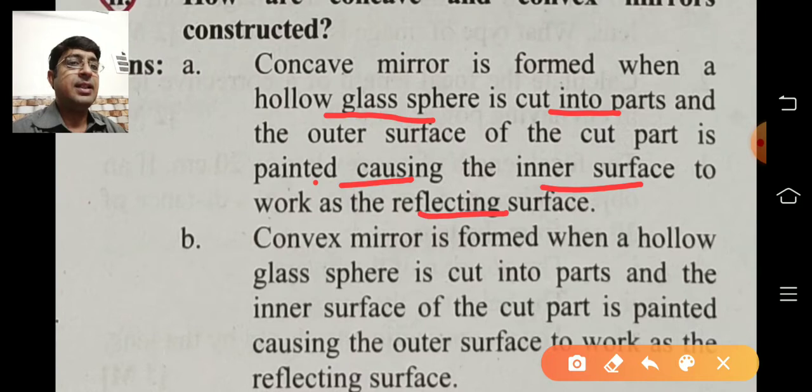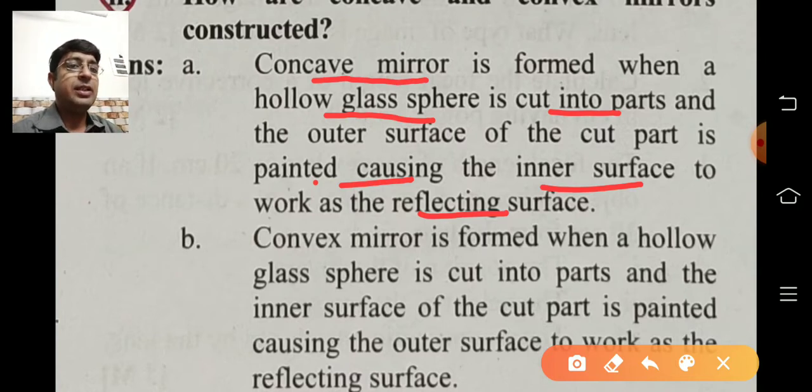Means the outer surface is coated with shiny material such as mercury or silver. So the inner surface acts as a reflecting surface to form a concave mirror.